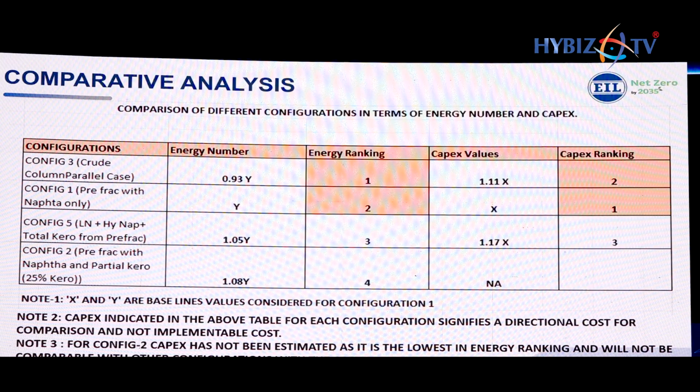Although the capex value was 11% higher for configuration 3, we selected it because we calculated the capex and checked it against the energy number. The energy recovery facilitated the payoff of the enhanced capex in no time, maybe less than 1 year, or at most 2 years.